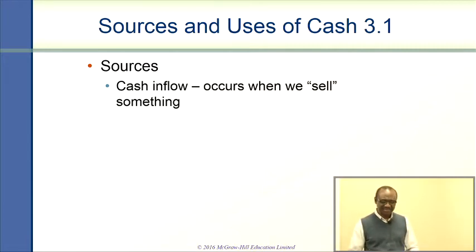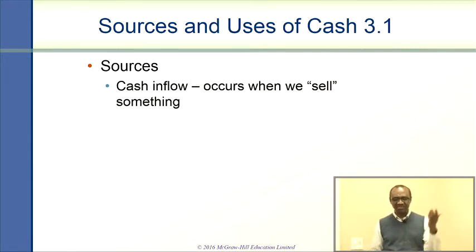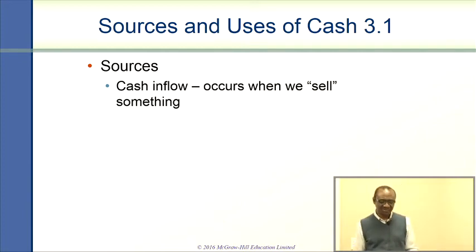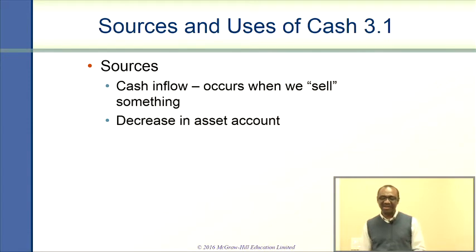And again, obviously, cash flow comes in when we sell something. When we sell something, of course, cash will be received. That's not the only one. It can equally mean that we decrease our asset account.